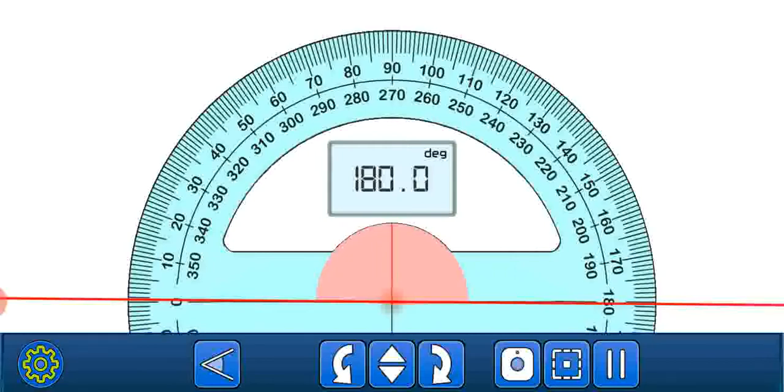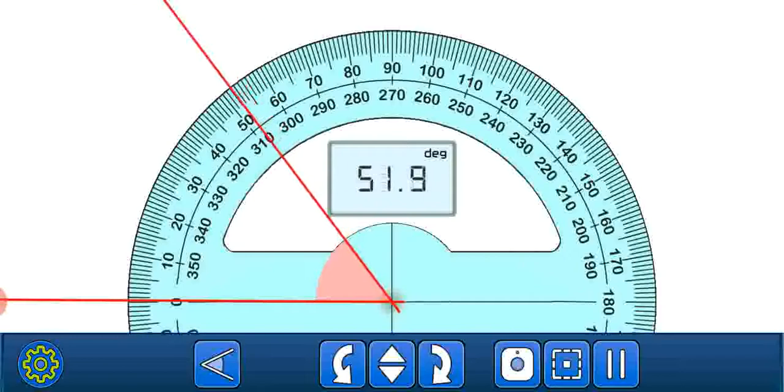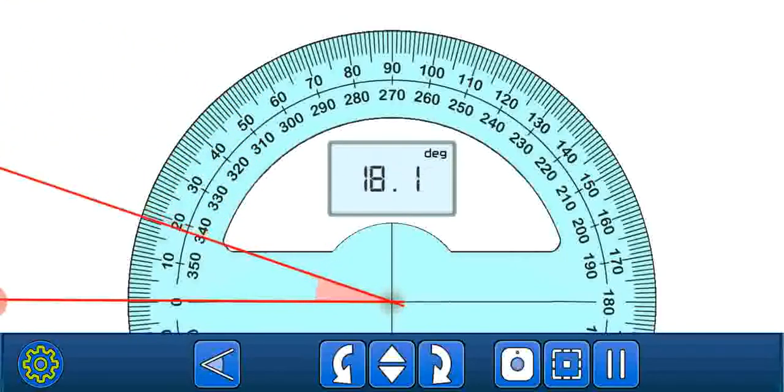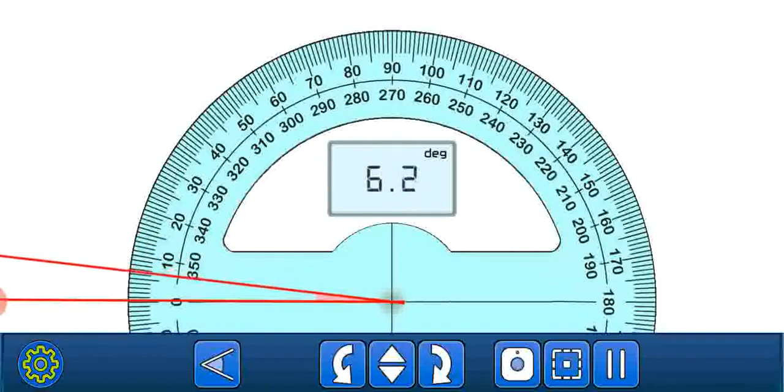Then how can we make a 0 degree angle? Now we are again going to decrease this angle for this. Here the angle now decreases, and whenever this line coincides with the other line, then the angle will become 0.